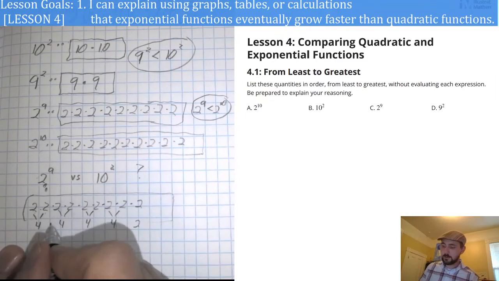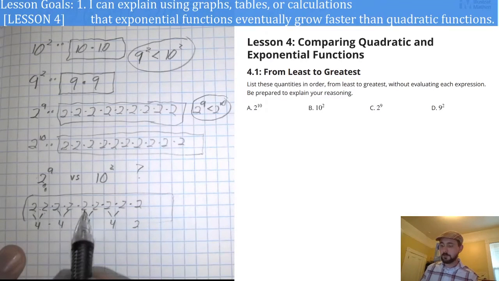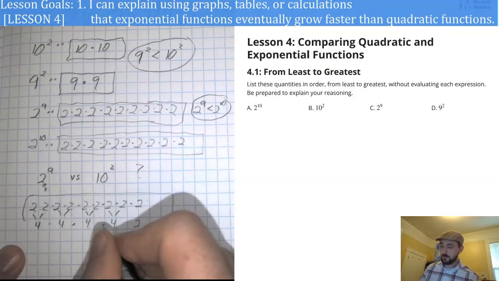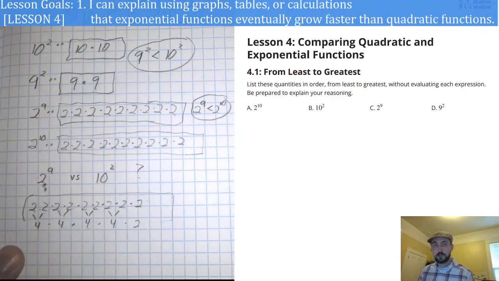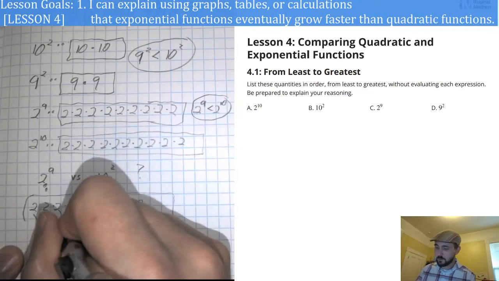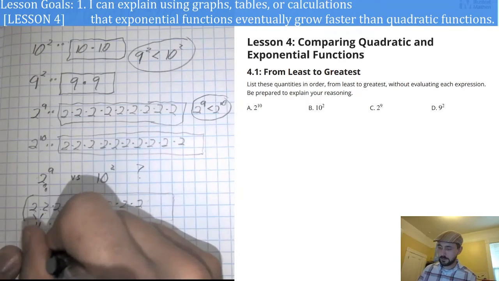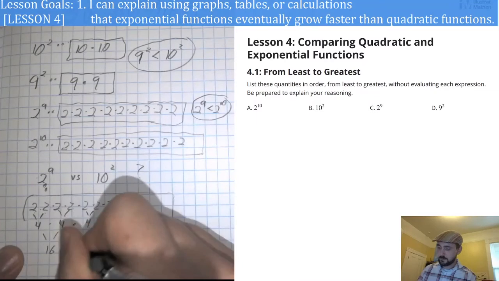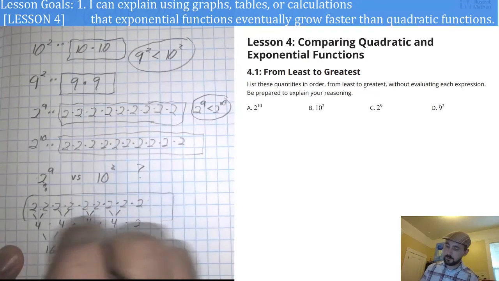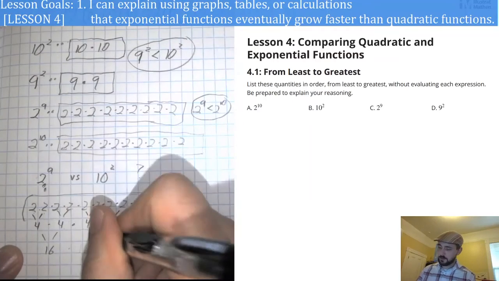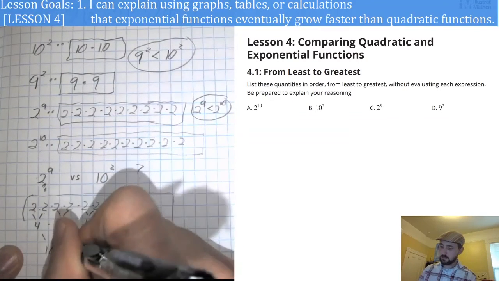So instead of saying 9 copies of 2, I can do 1, 2, 3, 4 copies of 4 with a remainder copy of 2. And then I'm going to do it again. So multiplying 4 and 4 together is 16. Let me spread this out a little bit. So these 2 copies of 4 become 16.